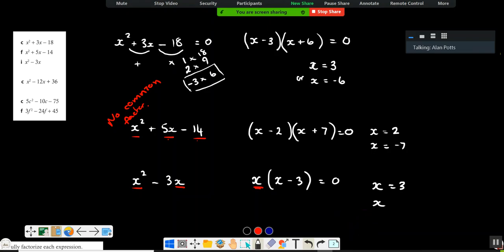Yeah, so remember, we're using the null factor law. A times B, so B being x minus 3. I want that to equal 0. So if x minus 3 makes 0, then x has to be 3 for that to happen.